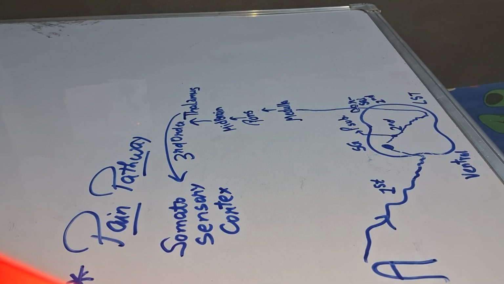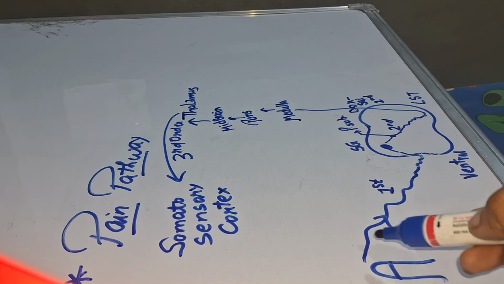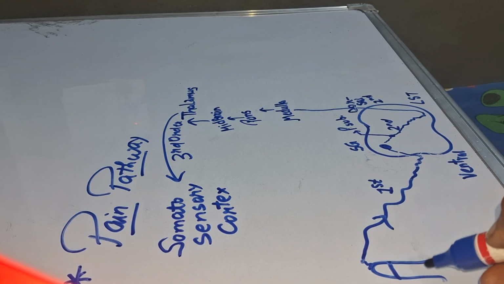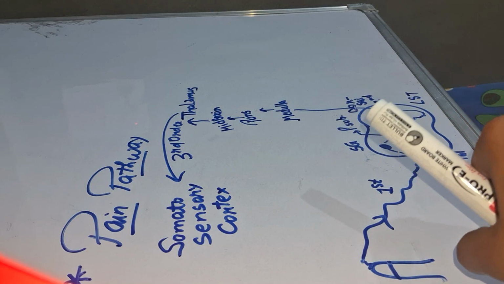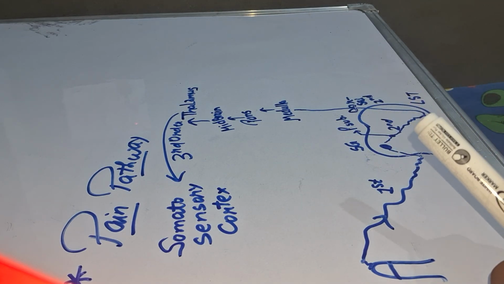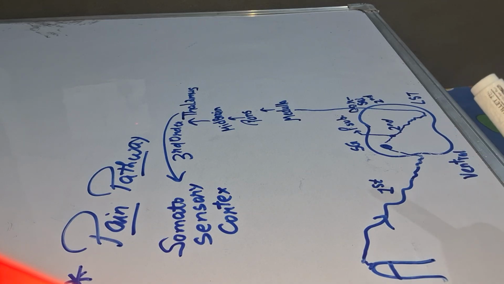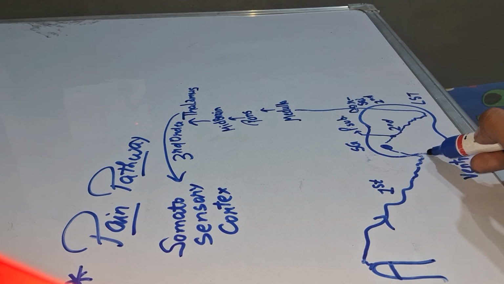So here is the diagram of the pain pathway. Suppose this is our finger and our finger is in contact with excess heat, meaning our finger is burning. So the nociceptors under our skin detect the response, afferent fibers activate, and the signals travel through the neuron to the spinal cord.